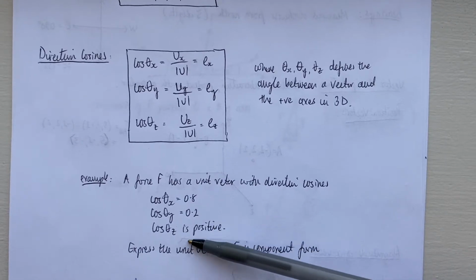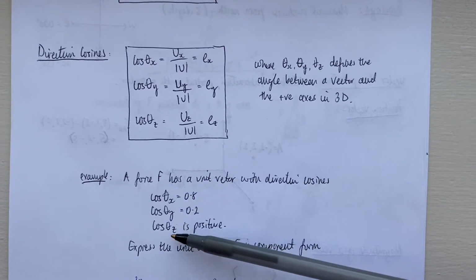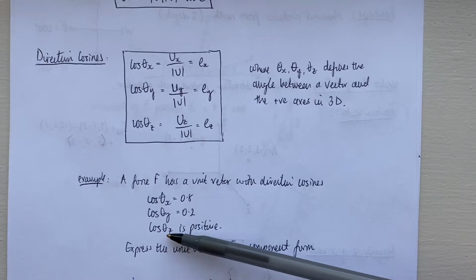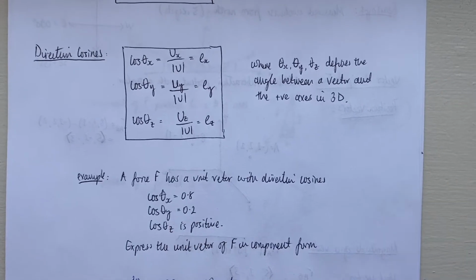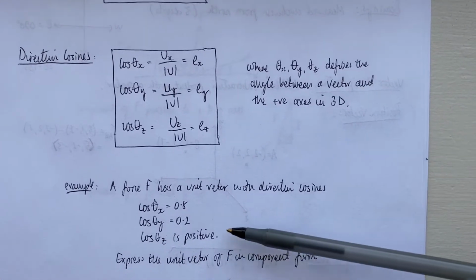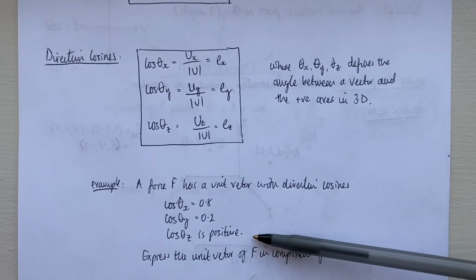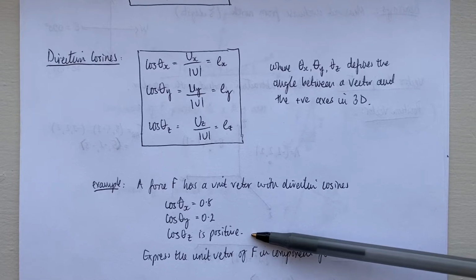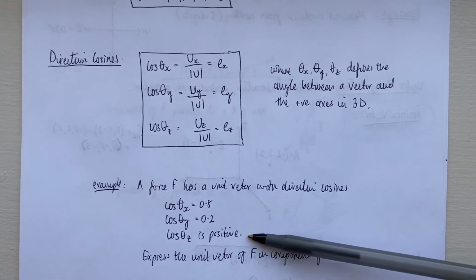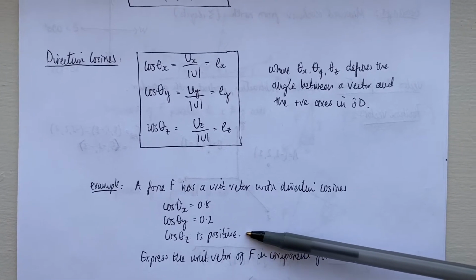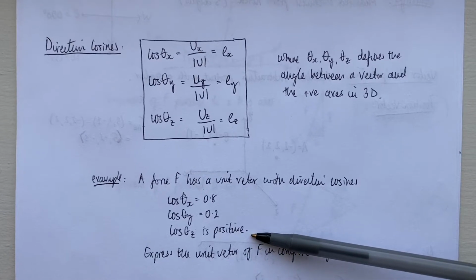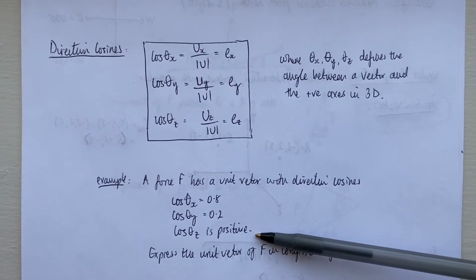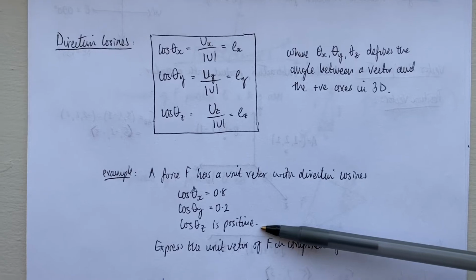So what we really need to find is the unit vector in the z direction, or the direction cosine in the z direction. We know it's positive, so that's going to tell us something when we start to do the solution. Usually when we see something telling us whether the solution is positive or negative, we're probably going to have to do a square root, right?